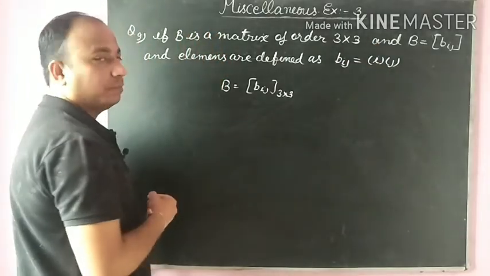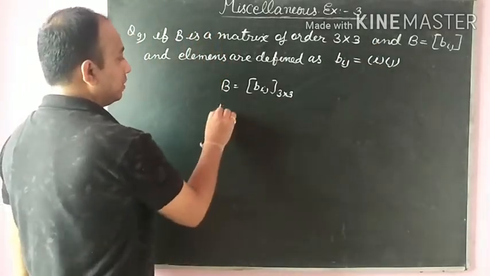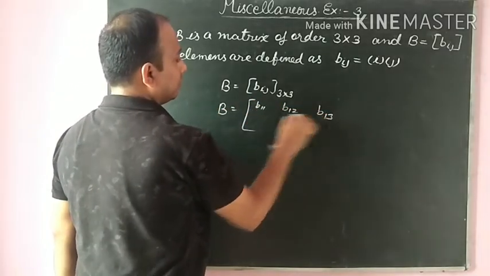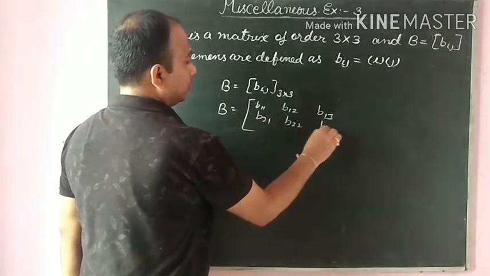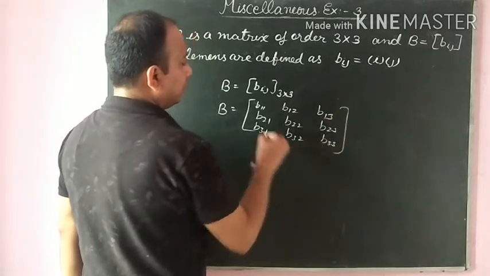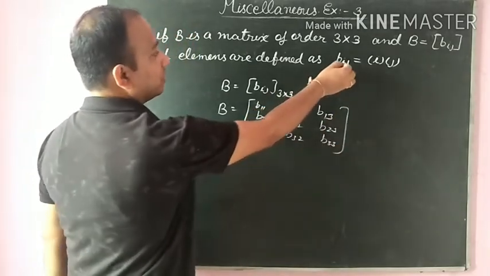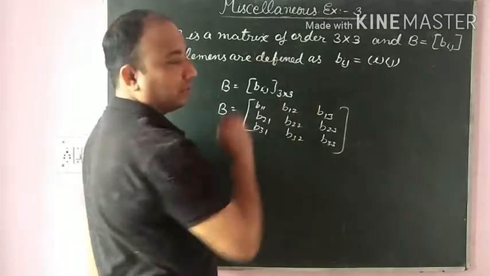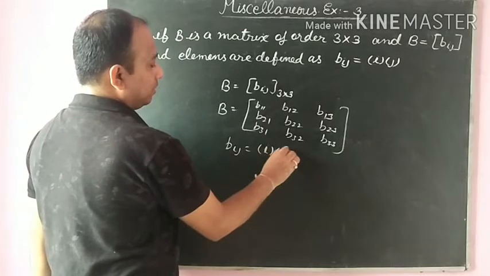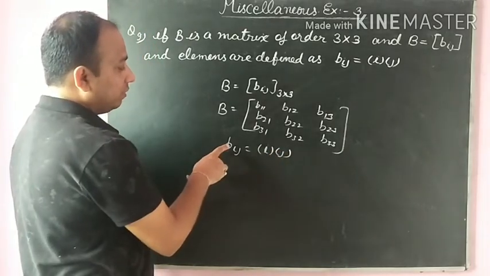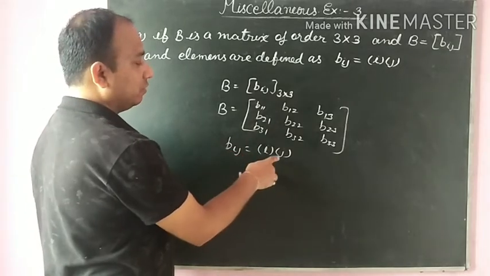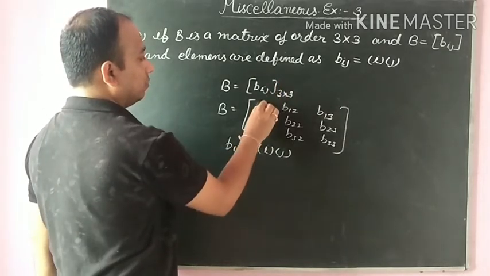So firstly we will form a rough matrix of the order 3 by 3: B11, B12, B13, B21, B22, B23, B31, B32, B33, and the values of the elements are found by using the property which is applied on the elements of this matrix. Then Bij equals i multiply j. When we find the value of B11, then we put the value of i equals 1 and j equals 1, then 1 into 1 equals 1, so the value of this element will be 1.